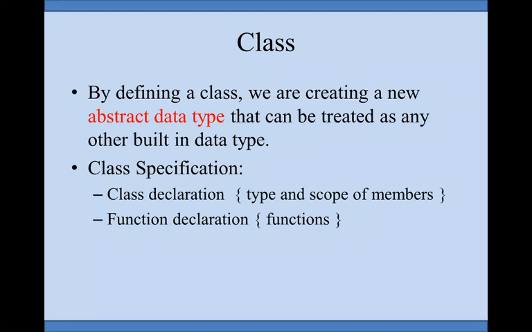So by defining a class, we are creating a new abstract data type. We are calling it an abstract data type because abstractly we are defining what that object will contain. Okay, so class specification consists of two parts. The first part is class declaration, in which the type and scope of the members are defined. So type and scope of the variables.